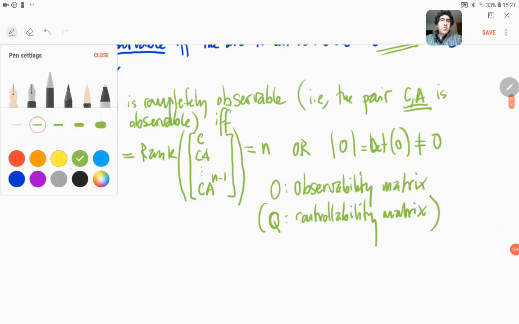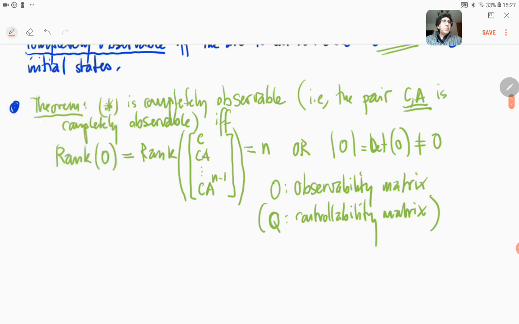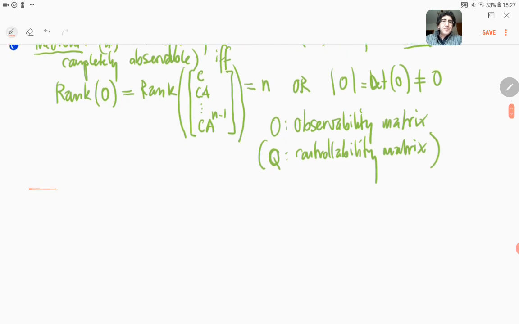All right, now if you remember, when we were trying to show that infinitely many state space representations might have the same transfer function, we made use of a linear transformation of the state.